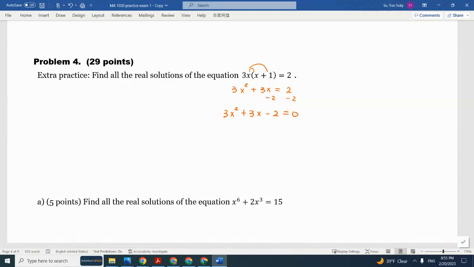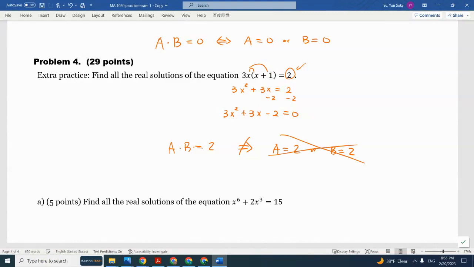You might ask, why do we want to distribute? Are we supposed to factor it? Well, the problem is your right-hand side is 2. If the right-hand side is not 0, then you're not ready to factor the left-hand side. Because if a times b is 0, then a is 0 or b is 0. This is only true for 0. If a times b is 2, it doesn't tell us that a is 2 or b is 2, which is wrong.